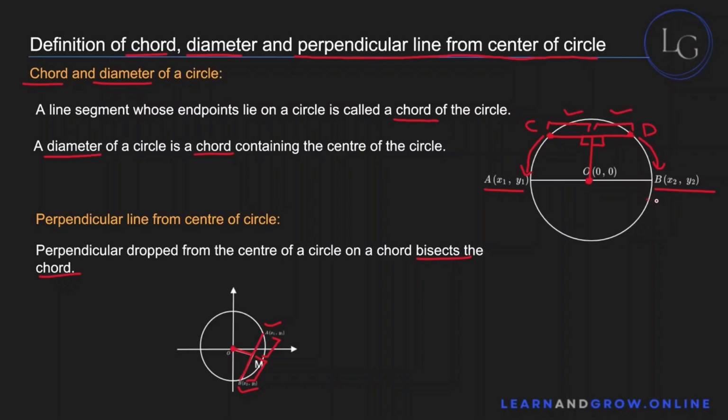And just to make it very clear to you, because this is very important for later calculations, if you took this chord over here and you took a line perpendicular to it from the center, then this half and this half both are equal. This is bisection.